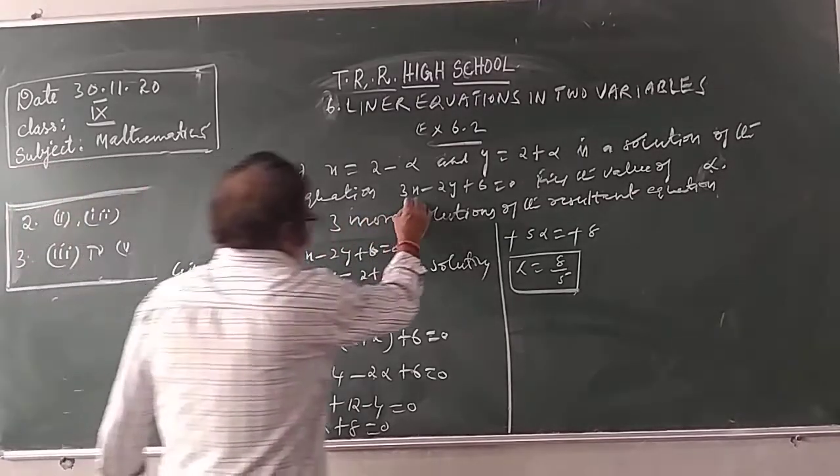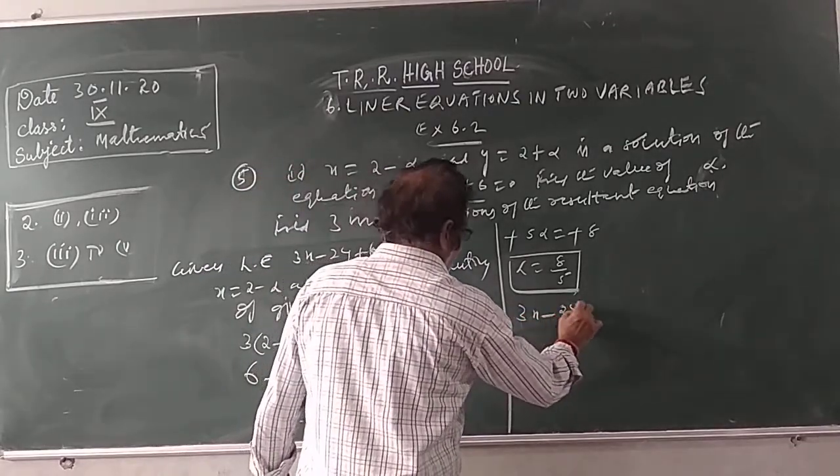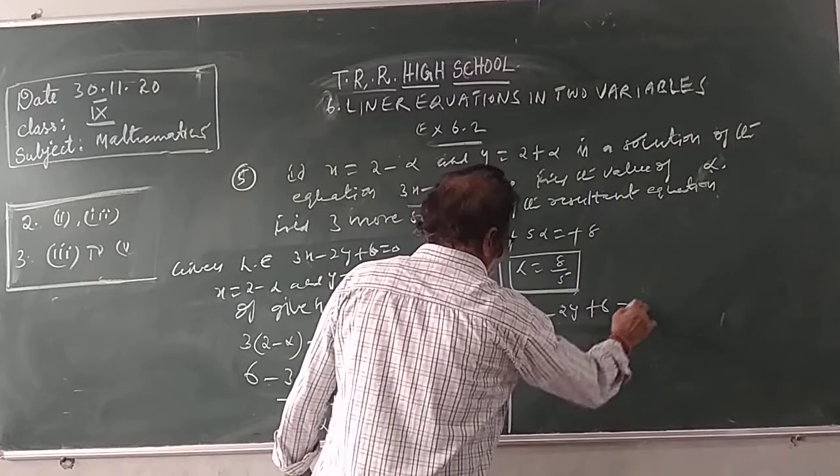This resultant equation is 3x minus 2y plus 6 equal to 0.